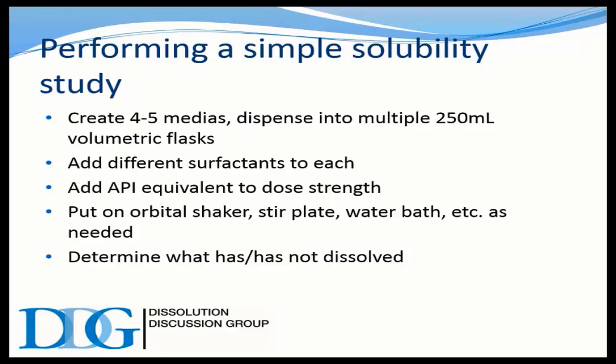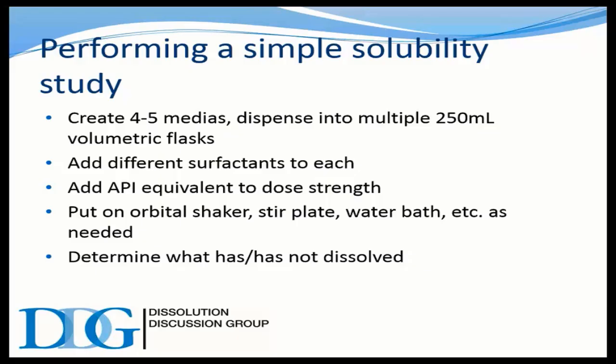So this is a little bit quicker and easier than just doing the straight solubility study. So I've recommended creating basically a matrix of different media combinations. So you can create 4 or 5 different media across the pH from, say, 1.1, 1.2, all the way up to pH 7.5. Add some different surfactants to each one of those to create the matrix.